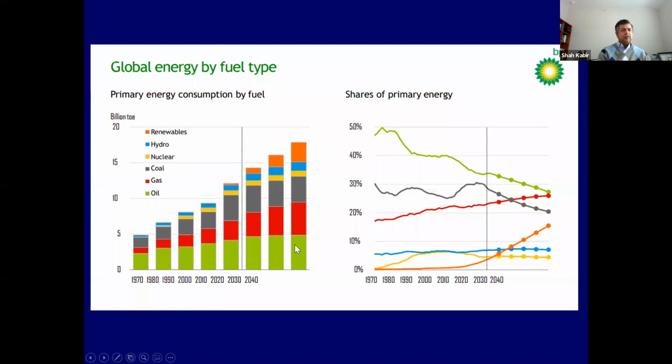Okay, it's a similar chart giving you the primary source of fuel that we use for energy consumption. If you look at gas, if anything, it will grow with time. But one good news is that the projection is that renewable resources, if that's the color code, are growing with time. So it is going to grow. And by the way, I'm working on the extraction of geothermal energy right now.